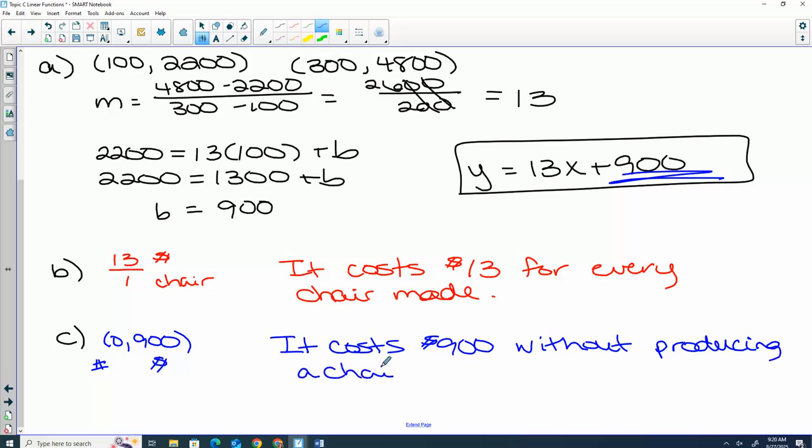You could say the fixed costs are $900 or the operating costs are $900, any of those kinds of things. All right. Is that okay? And let's stop there.